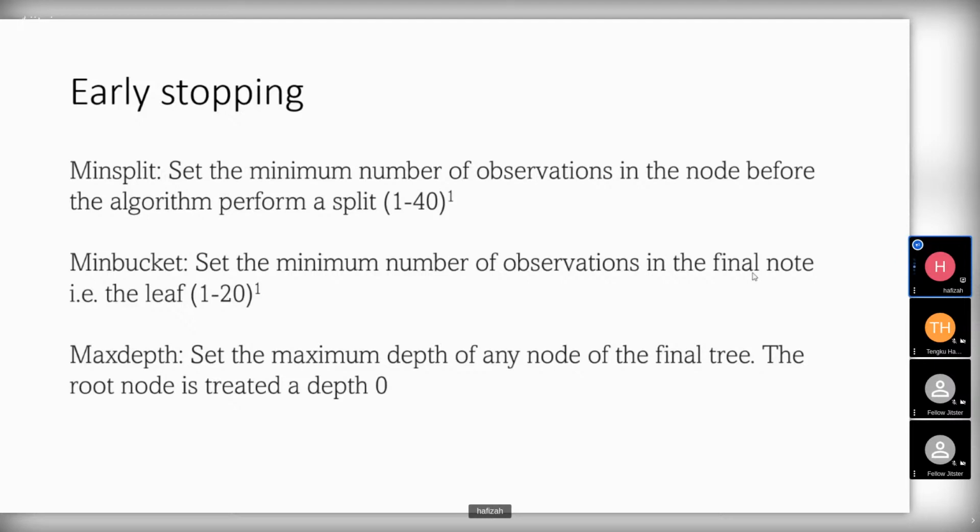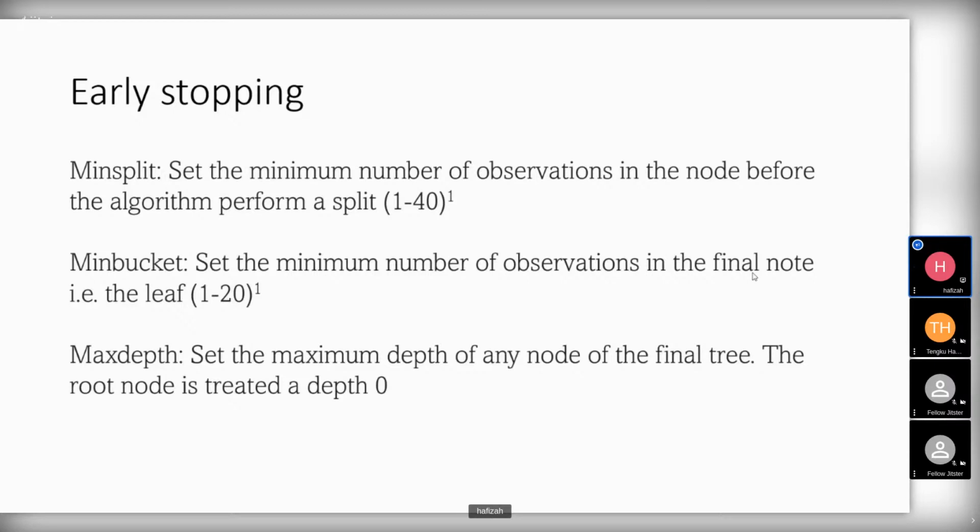Okay, so this is a parameter that we can use, minsplit. We set the minimum number of observations in a node before it can perform another split. If we just leave it at maybe only 2 or 5, a very small number, the tree will still split, and it is prone to what we call overfitting.